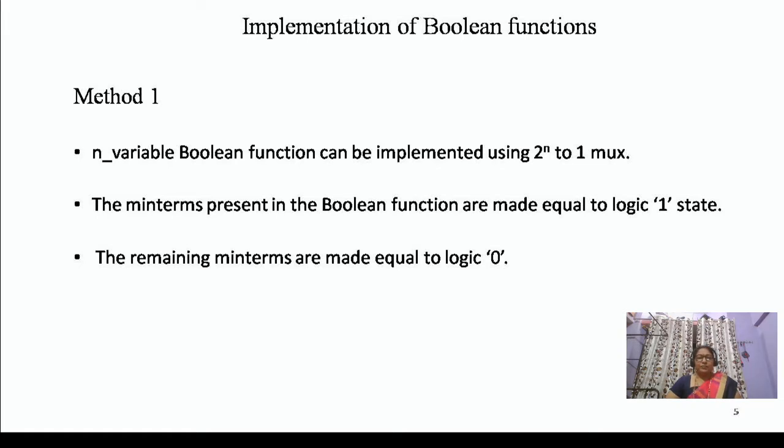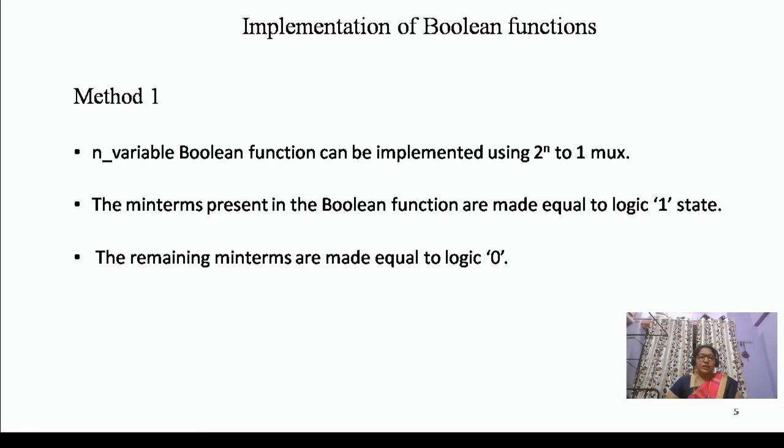Okay, in this method, n variable Boolean function can be implemented using 2 to the power of n to 1 mux. See, n variable Boolean function means the number of variables which we use in the Boolean function. See, for example, if I am using a, b and c as the variables in the Boolean expression, then it is called as three variable Boolean function, and it is implemented using 8:1 mux.